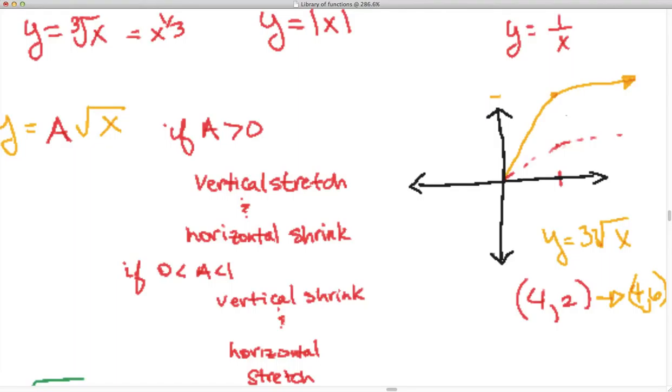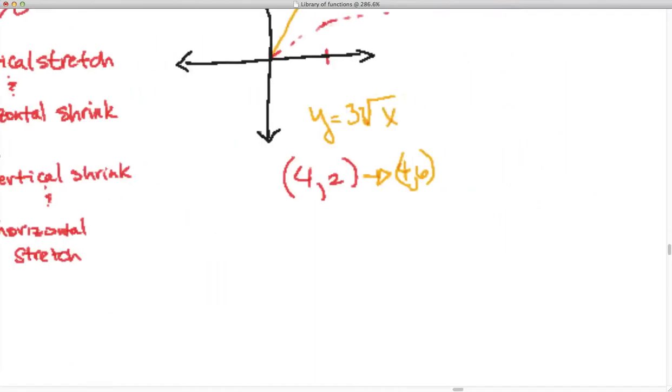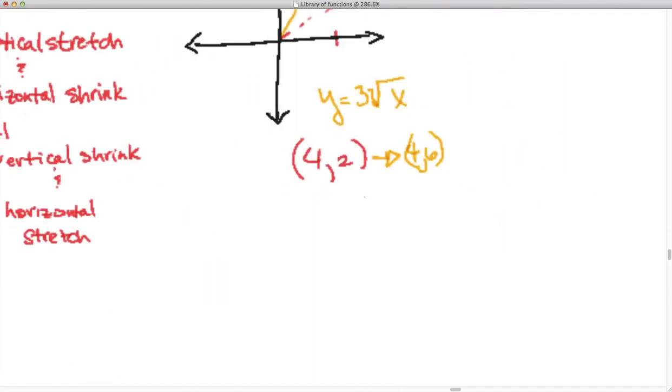Okay, and when we stretch it vertically, what ends up happening usually is you get a horizontal shrink. It's kind of hard to picture with the square root of x, but if you use x squared as your example, it probably would show up a little bit better. Actually, you know what, I'll go ahead and do that for you. So let's look at x squared. The general parabola, if you remember from earlier in the video, is this.